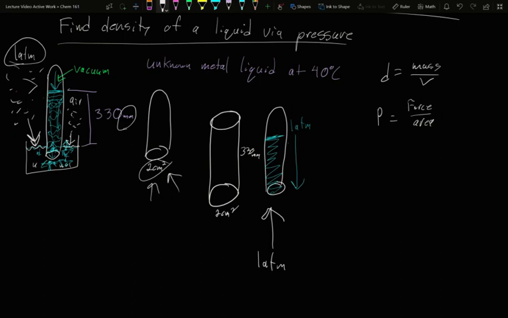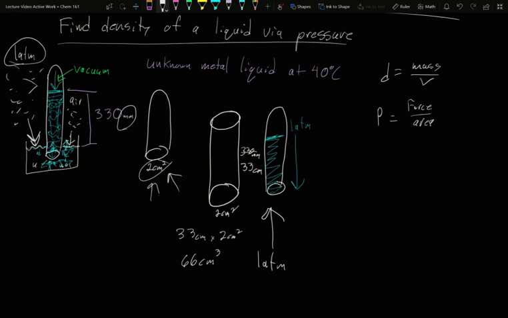330 millimeters tall. I can convert the millimeters into centimeters, which is 33 centimeters tall, which means I can find the volume of this tube. I have the area of the base and the height: 33 centimeters times 2 centimeters squared for 66 centimeters cubed.